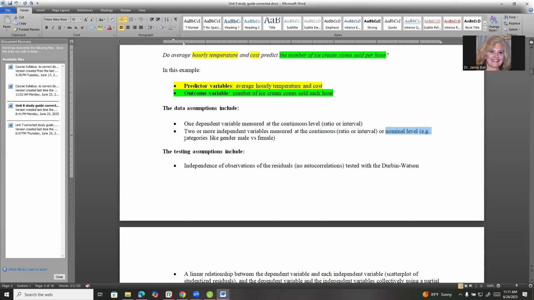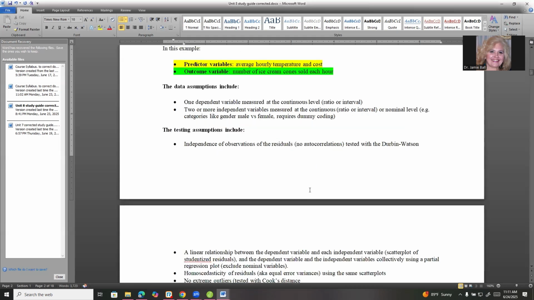So it can also handle categorical variables, and categorical variables require dummy coding, which was discussed someplace else.